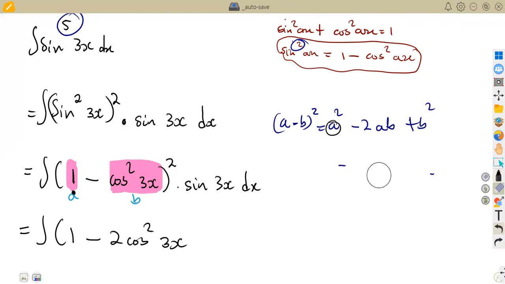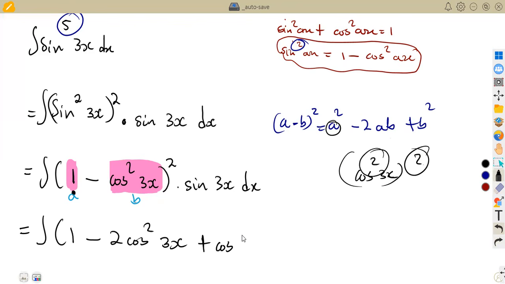Then the last part is b squared, the last term squared. If we square cos squared 3x, we have a square and a square, so 2 times 2 is 4. So it's going to be plus cos to the exponent of 4 of 3x.